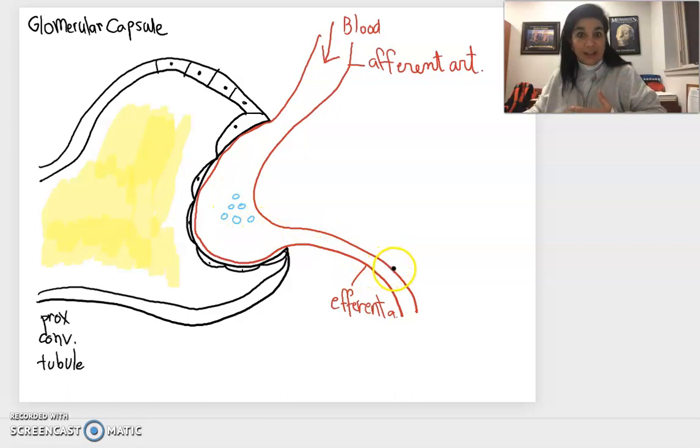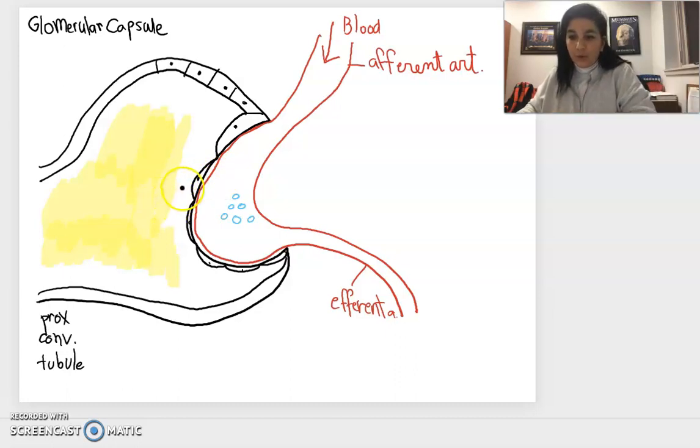So E for exiting. That's a good way to remember them. And of course there's blood flow here, and the idea is we need to excrete everything that has to be pushed out of the blood vessel so it can be excreted into the urine and out of the body.